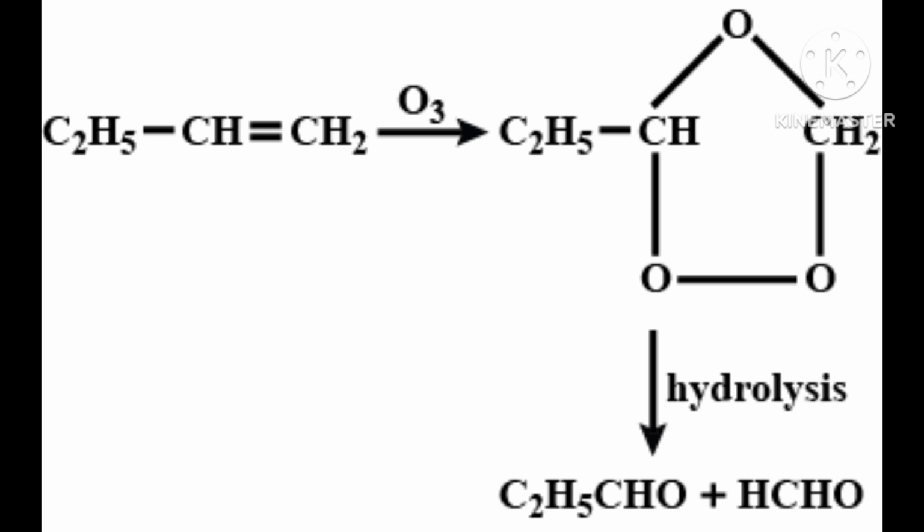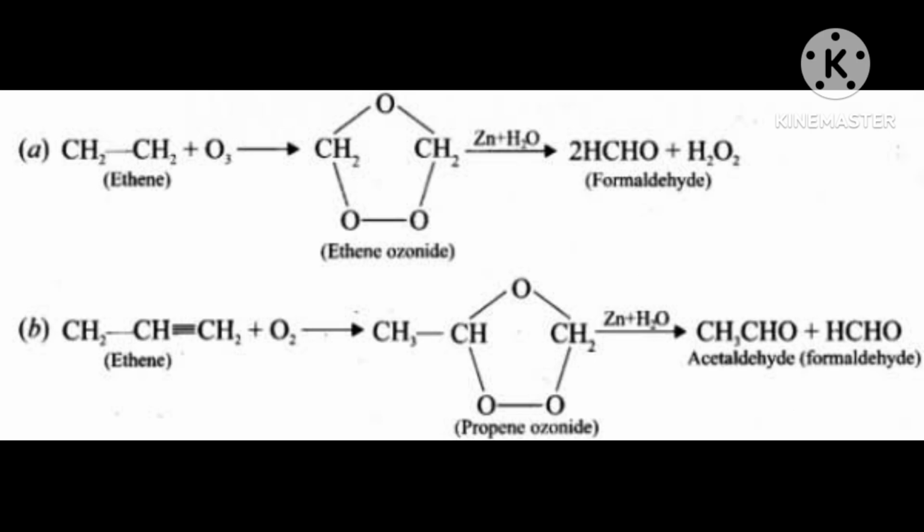But here you can see that there were three oxygens, but in the product only two oxygens are there. What happened to the third one? CH3CHO, one oxygen, and formaldehyde, HCHO. Then two oxygens, okay, are there. Carbon is also not a problem.